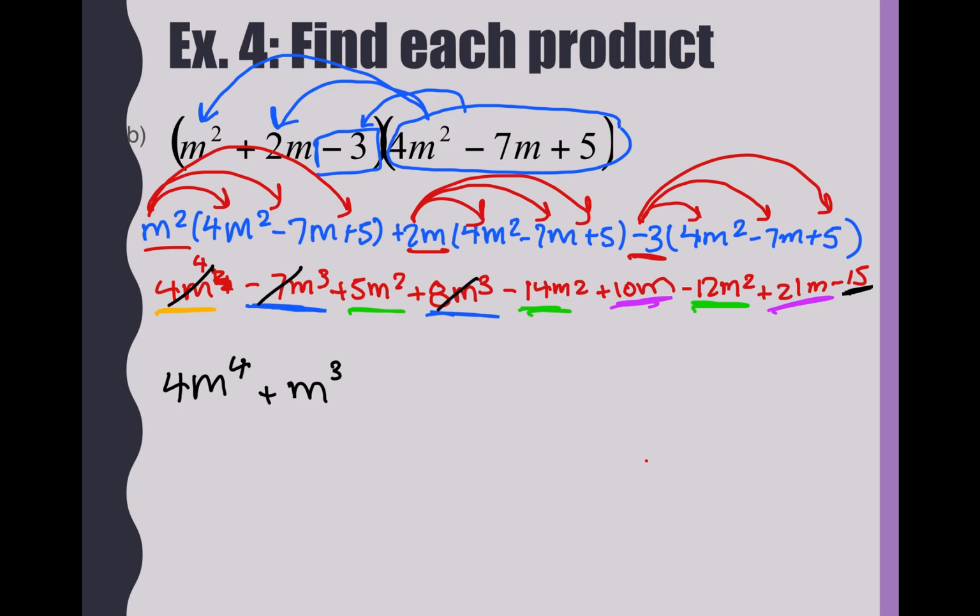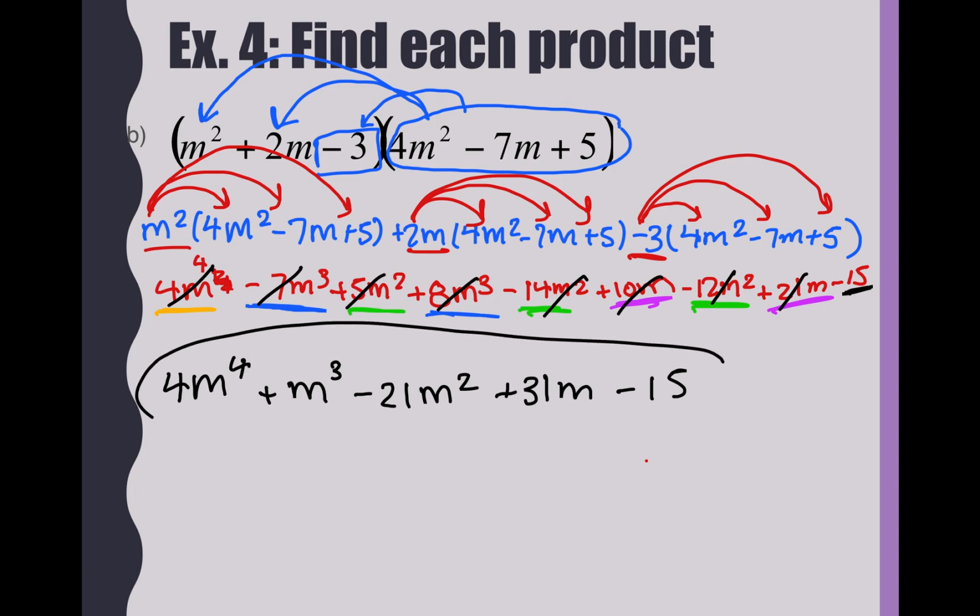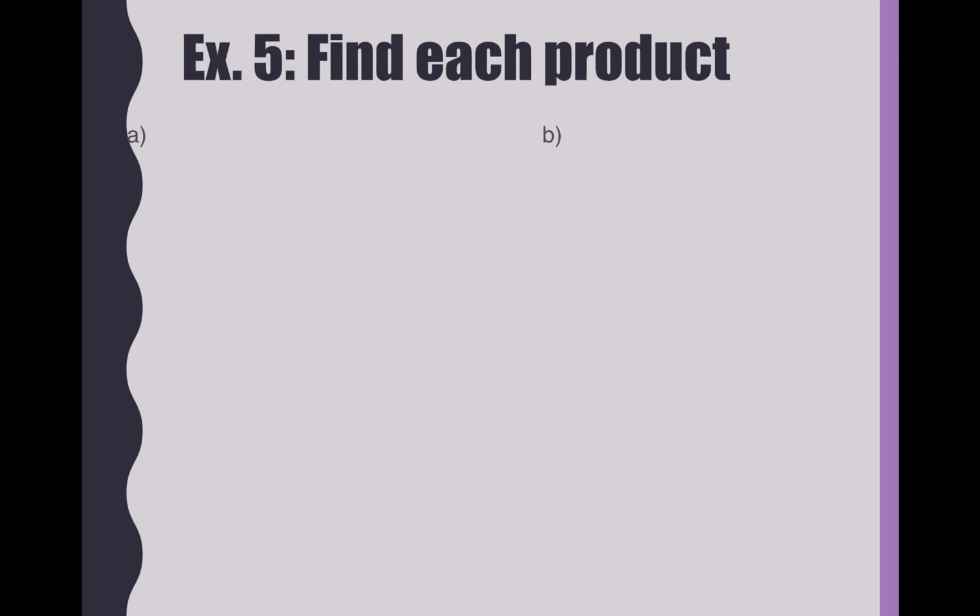My 5m squared minus 14m squared minus 12m squared, that is a total of minus 21m squared when you add them all together. 10m plus 21m is 31m. And finally, that minus 15.